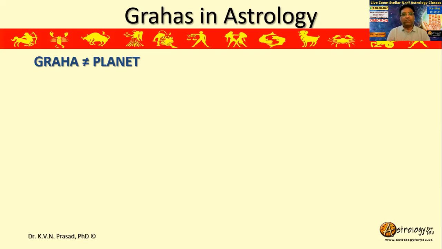Graha means a body which can observe and influence. The planet is more like an astronomical equivalent English word, but it is not. Ideally, we should be using only graha, not planet, in all our languages. But we are using it anyway.